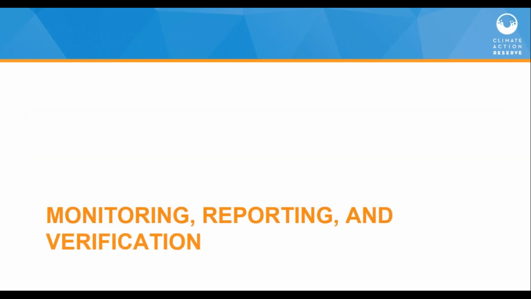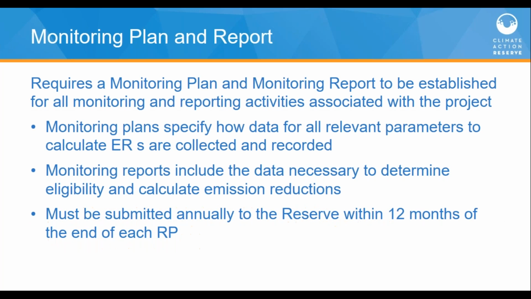We're moving on to monitoring, reporting, and verification, essential parts of the project. A monitoring plan and monitoring report are required and must be established for all monitoring and reporting activities associated with the project.